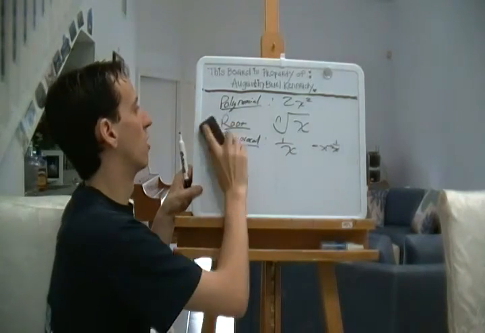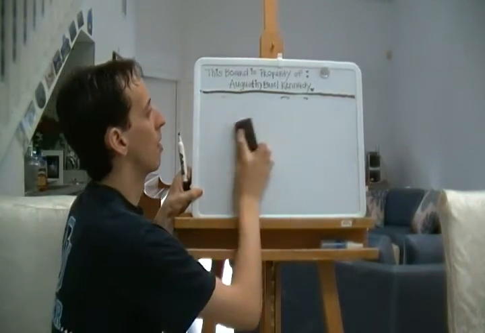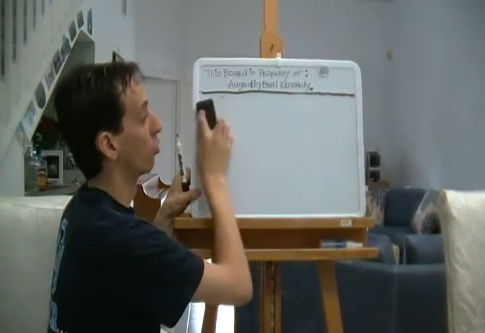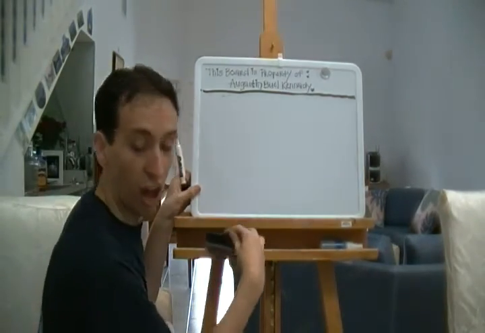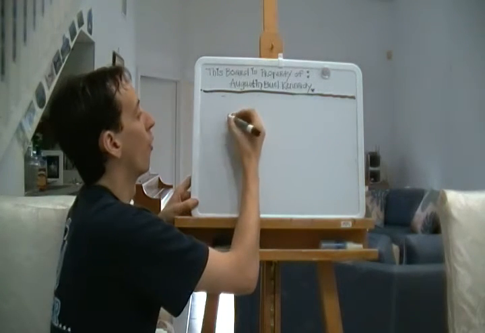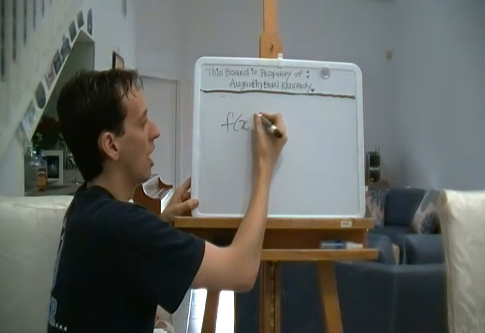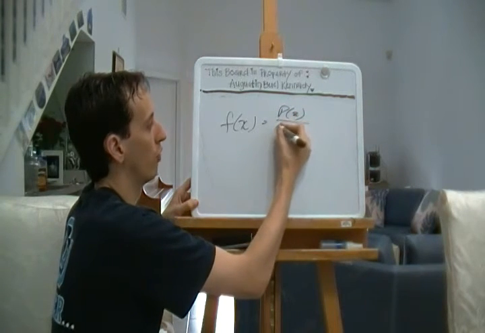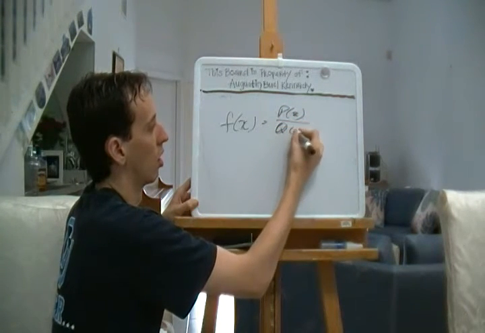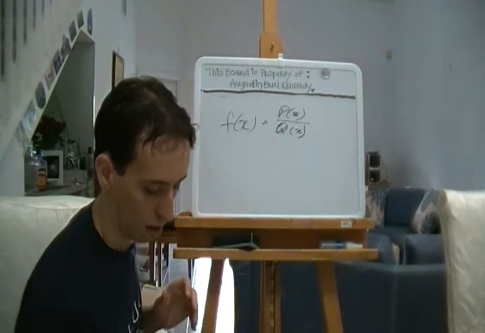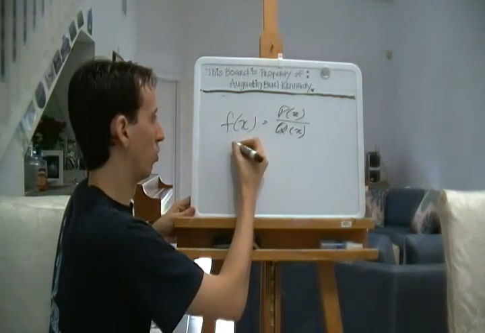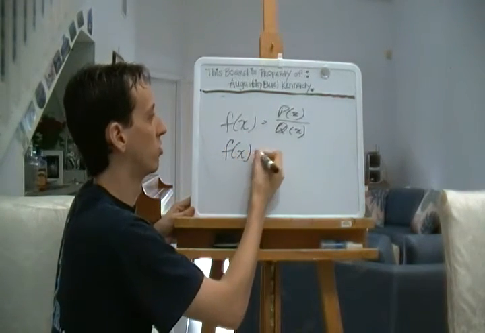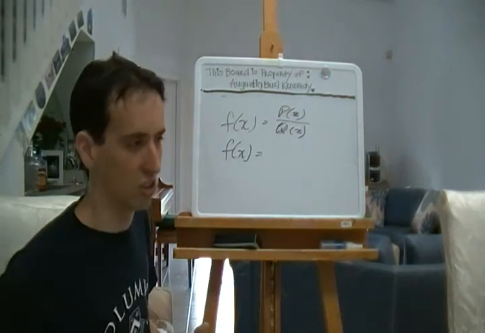Two other classes of function that we'll be looking at a great deal. We're going to look at a lot of rational functions. Now, a rational function is f of x equals p of x over q of x. A good example of this: you take two polynomials as a ratio. That's why it's called rational.